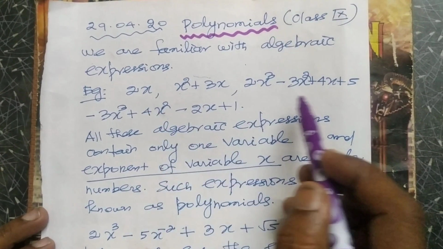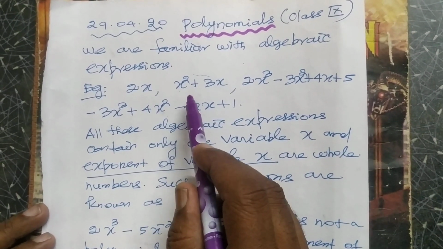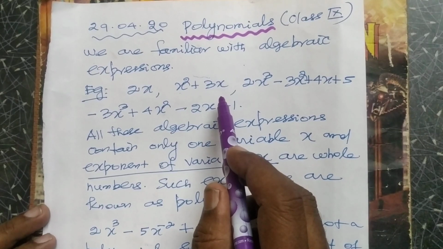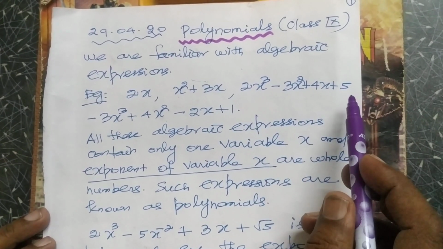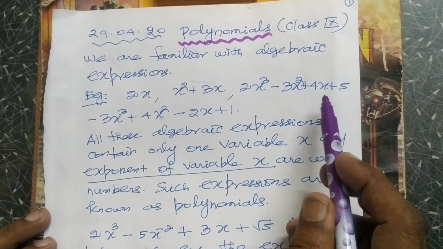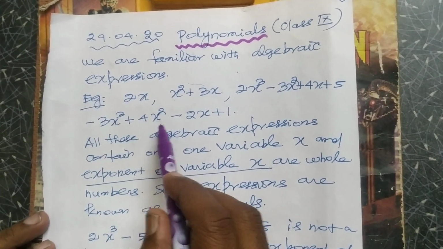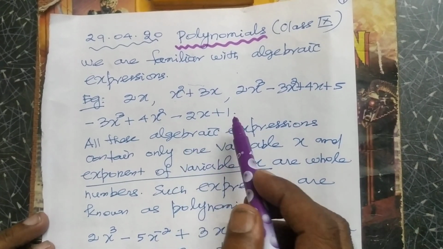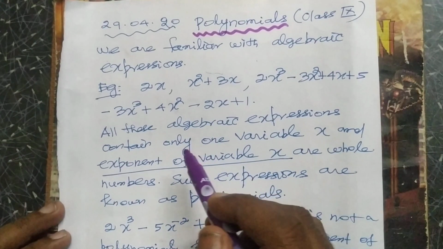Examples, as I have given here: 2x, a monomial; x square plus 3x; 2x cube minus 3x square plus 4x plus 5; minus 3x cube plus 4x square minus 2x plus 1. Like that we can keep on telling many algebraic expressions.